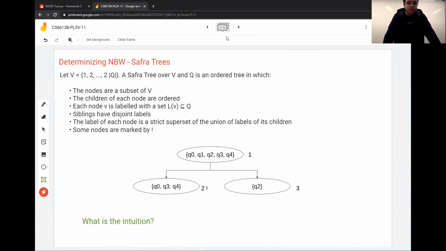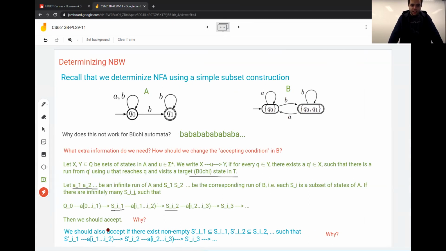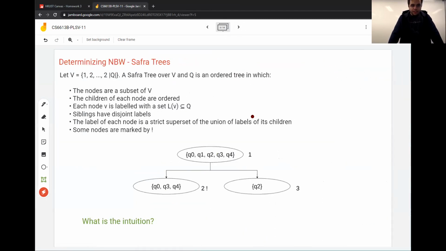So let's say that I'm given a non-deterministic Büchi automaton, and I want to create a deterministic Rabin automaton that accepts the exact same language. So we saw what kind of information we have to save. And there is actually a structure called a Safra tree, which is named after the person who first came up with it, Safra, that saves all this necessary information.